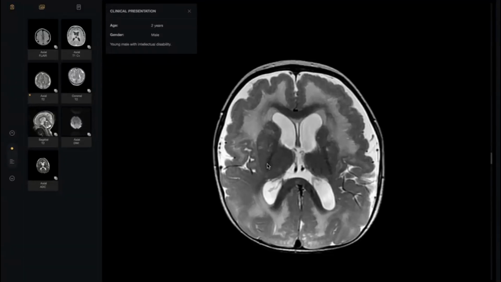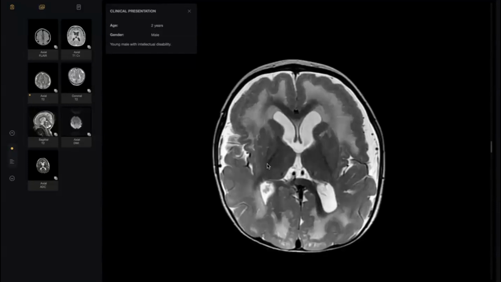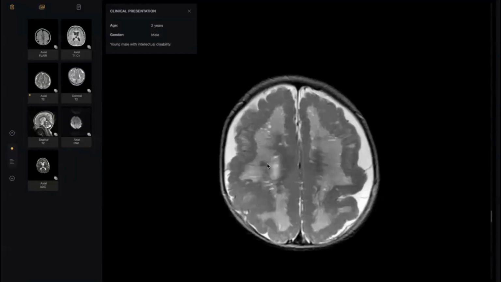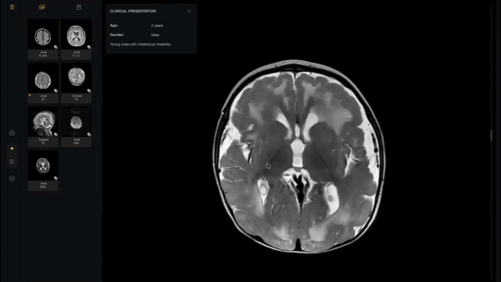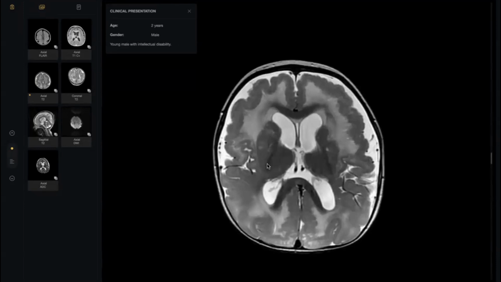This patient's lumbar spine shows anterior beaking. Hurler syndrome. What is the diagnosis? Metachromatic encephalopathy, sir. What else? This patient has hepatosplenomegaly.